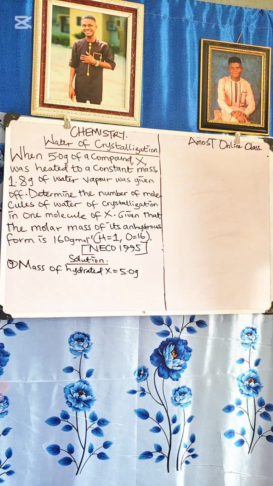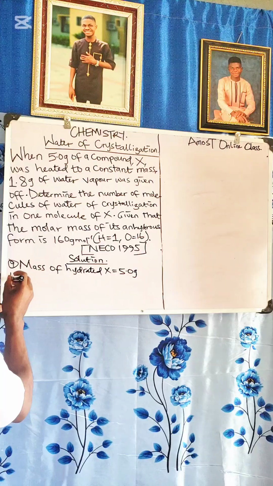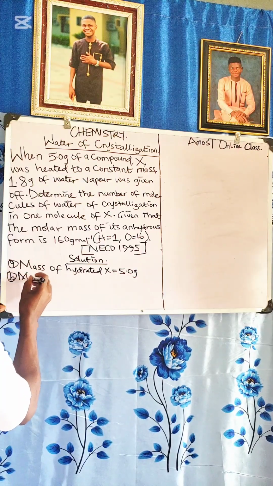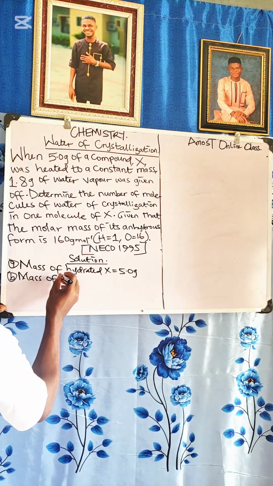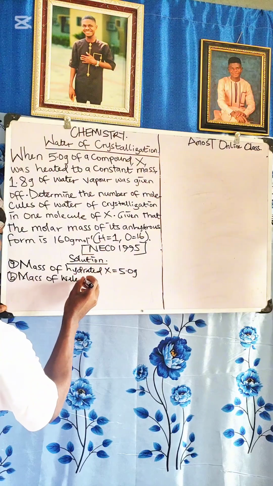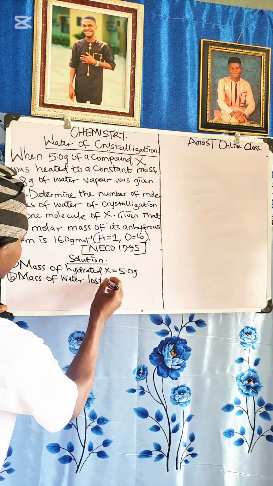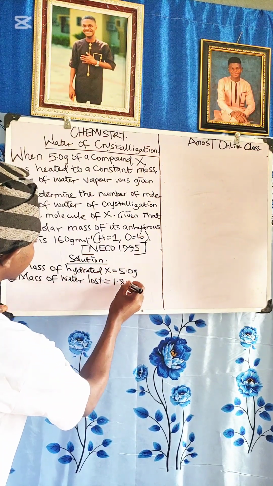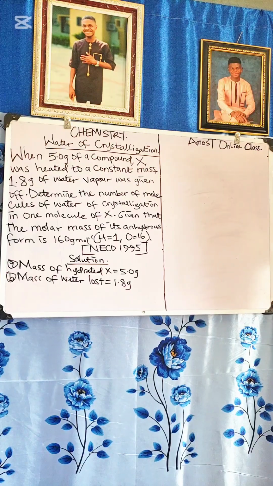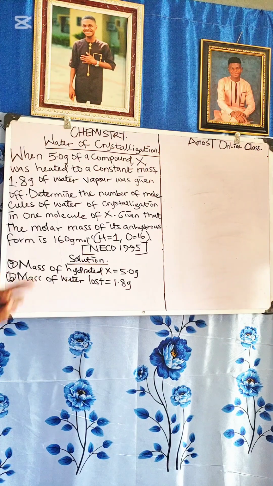So B, the mass of water expelled, or mass of water lost, is equal to 1.8 grams.